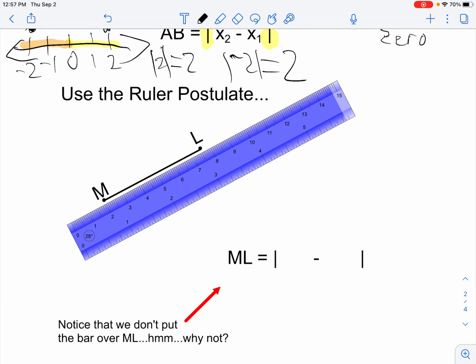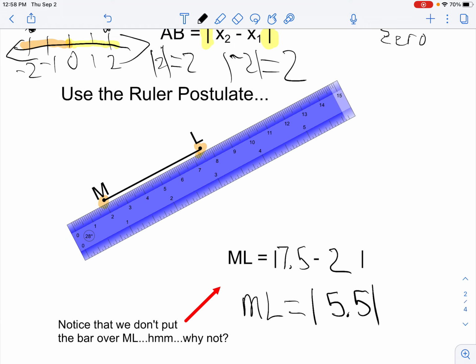So if we look at the ruler postulate, and the question is, how long is this, a line or a line segment? This is going to be a line segment because it stops, and because it stops, we can measure it. I see that L is at about 7.5 and M is at 2. So ML equals the absolute value of 7.5 minus 2.